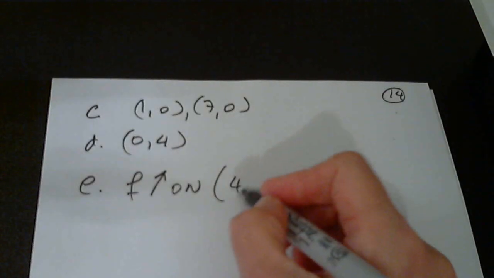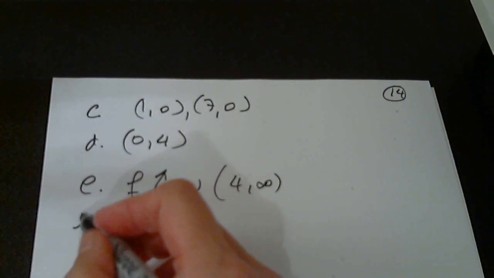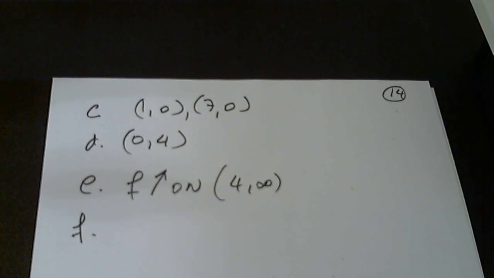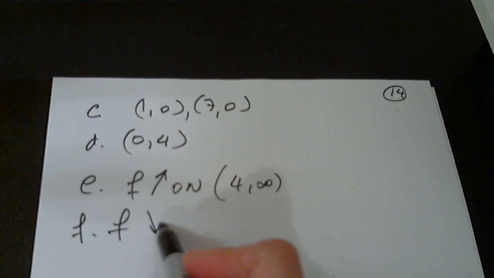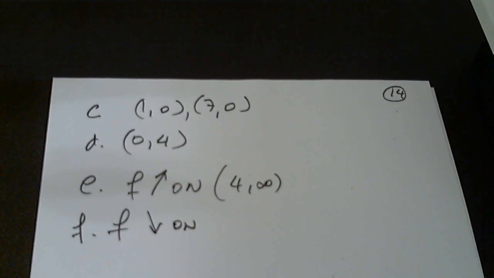Remember, these are not brackets. Very good. Only parentheses. F decreasing on... Is it 0 to 4?